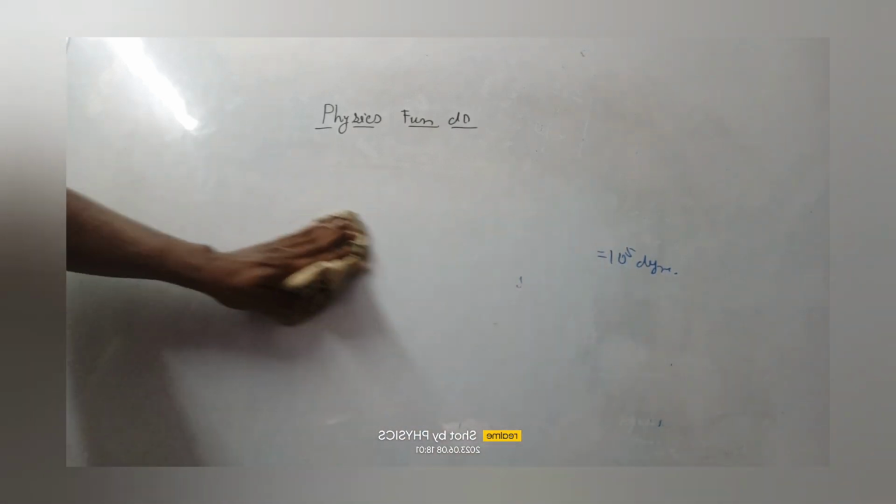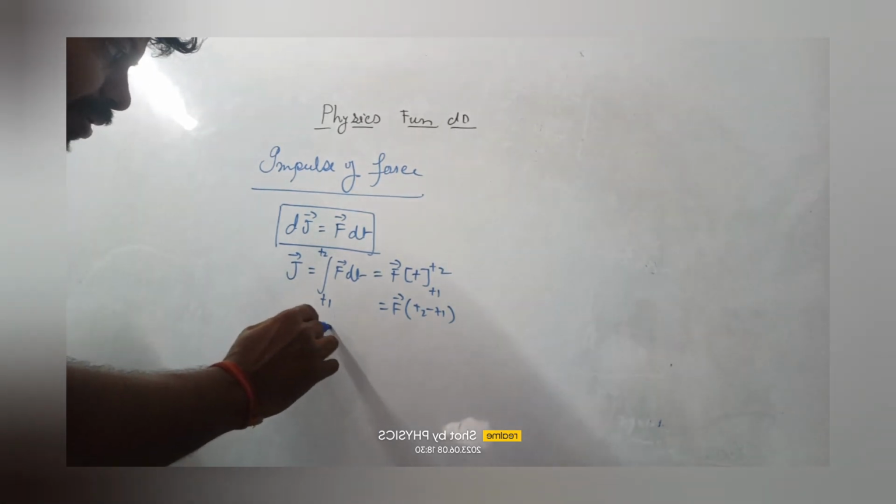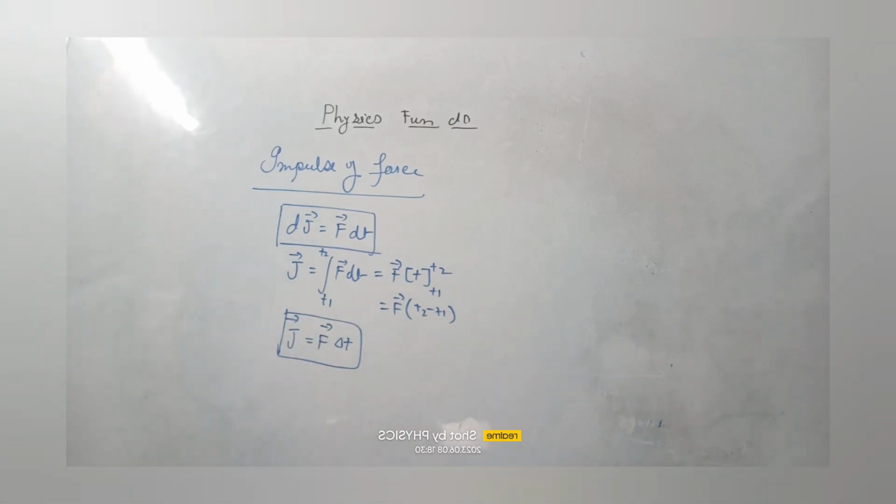Now let's move to impulse. It can be written like that: J equals F delta T. And what is the unit of the impulse of force?